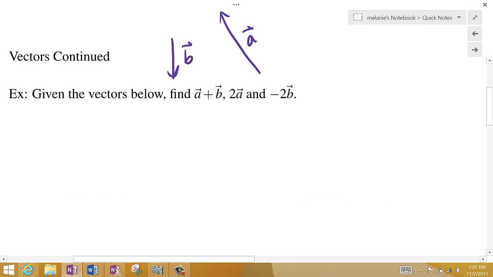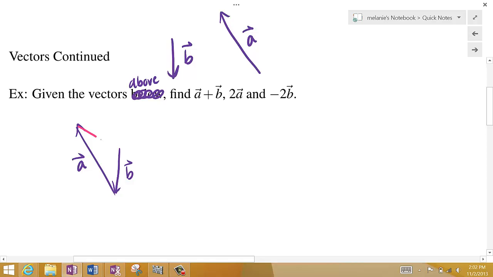So let's suppose those are my two vectors, vector b and vector a, given the two vectors above. Find a plus b, 2a, and negative 2b. For a plus b, I redraw a. Then I take b and put the initial point of b at the terminal point of a, like this.